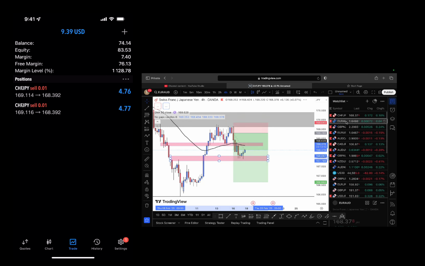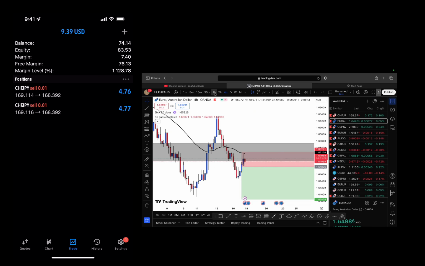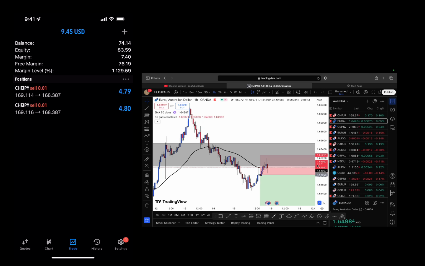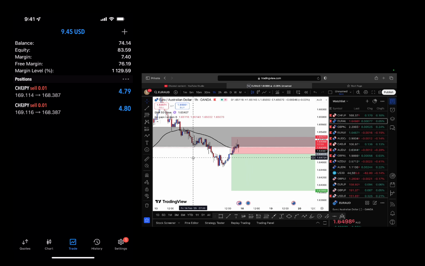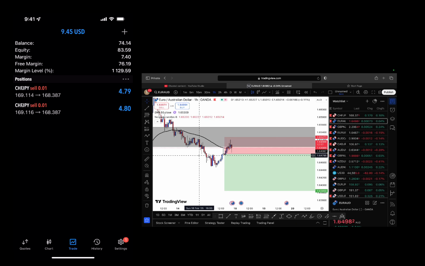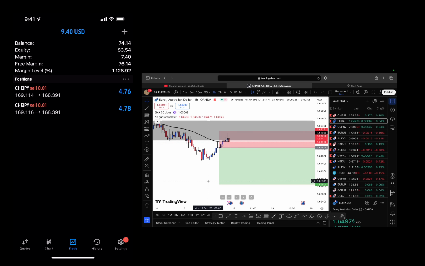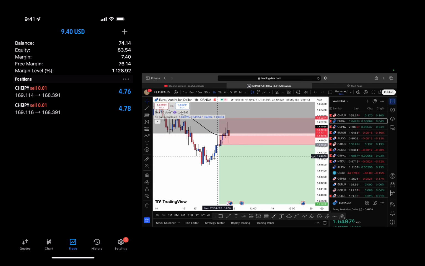Another thing is we may be coming into a trade idea on Euro AUD, which is another market that I broke down in the market analysis video. As you guys can see, the candle here, it created a wick, which means that the sellers were trying to push the market down to this level.